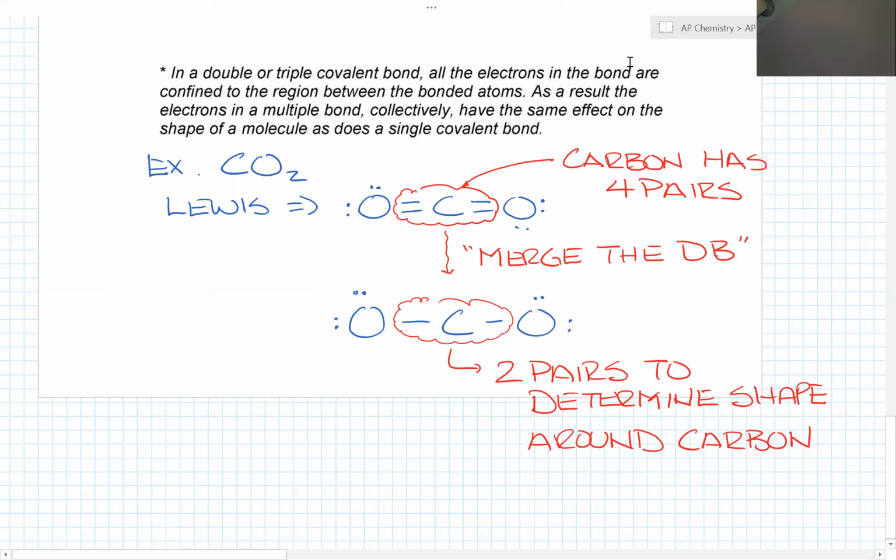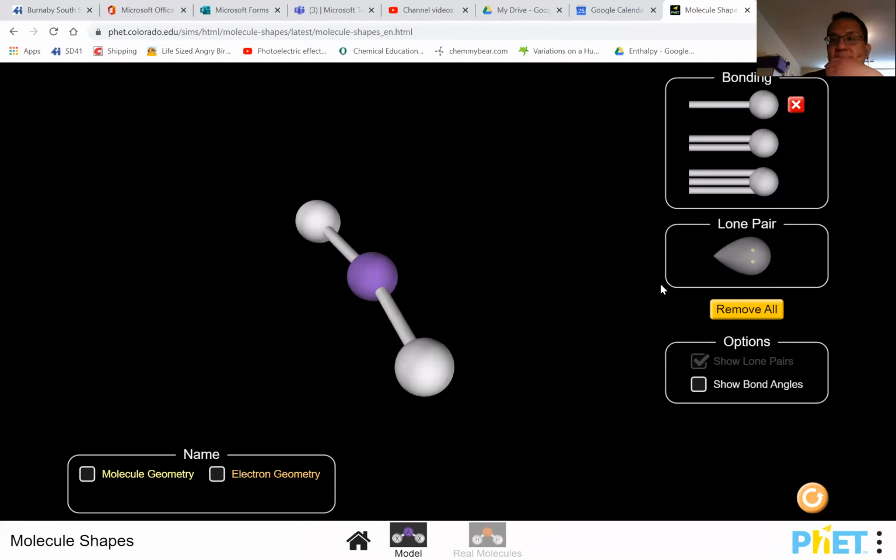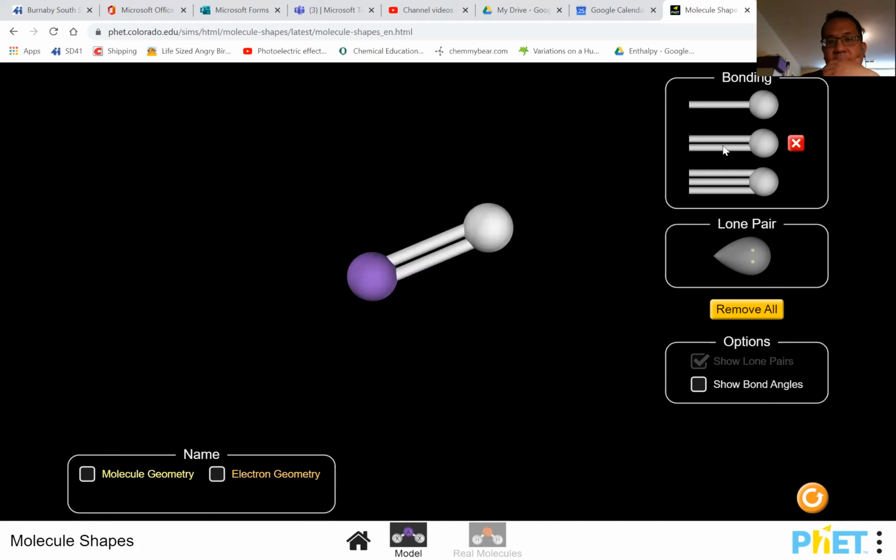Now, the PhET simulation might work a little bit better. So if you were to screen share, let's do that one. Let's say we reset and clear everything. Right now we have carbon, and we add 1 double bond, and we add another double bond.